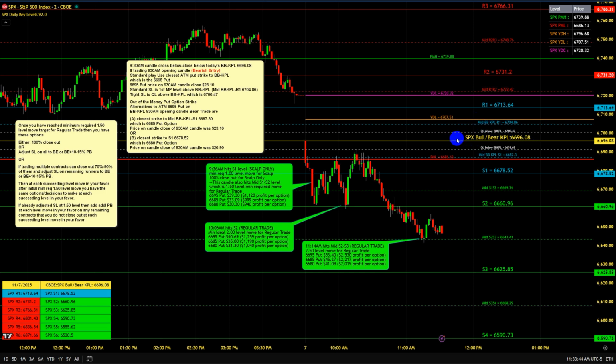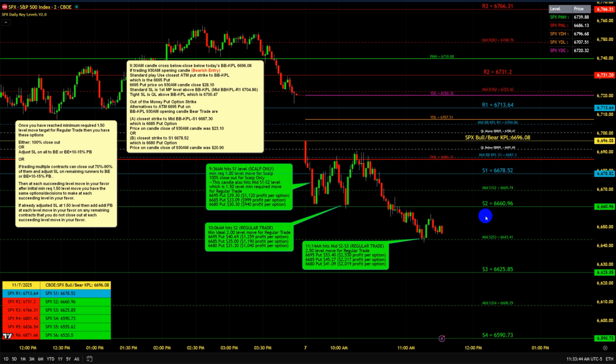Conversely, on a bearish trade taken from the bull-bear key price level, this midpoint above is the standard stop loss for that trade. If, for example, we were taking a bearish trade off of the R1 level, then the midpoint above R1 would be your standard stop loss for that bearish trade. If we were taking a bullish trade off of the R1 level, then the midpoint below R1 would be our standard stop loss for that bullish trade.